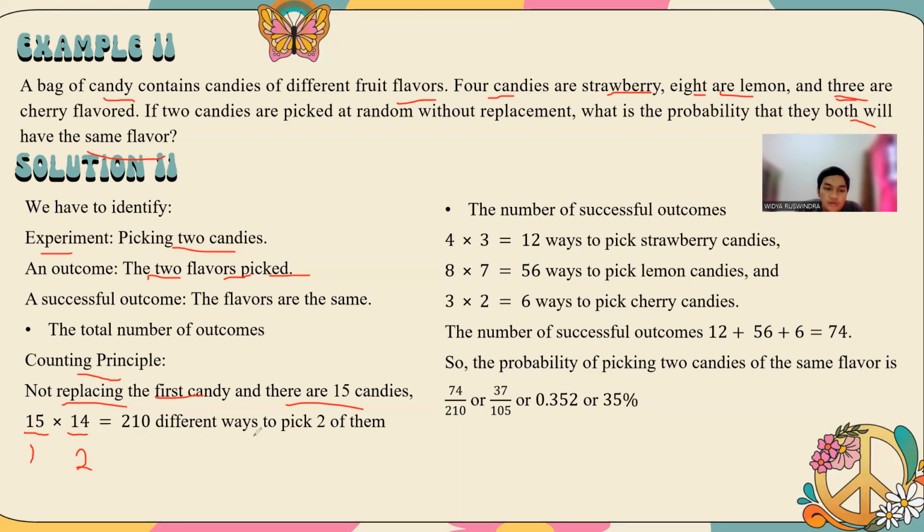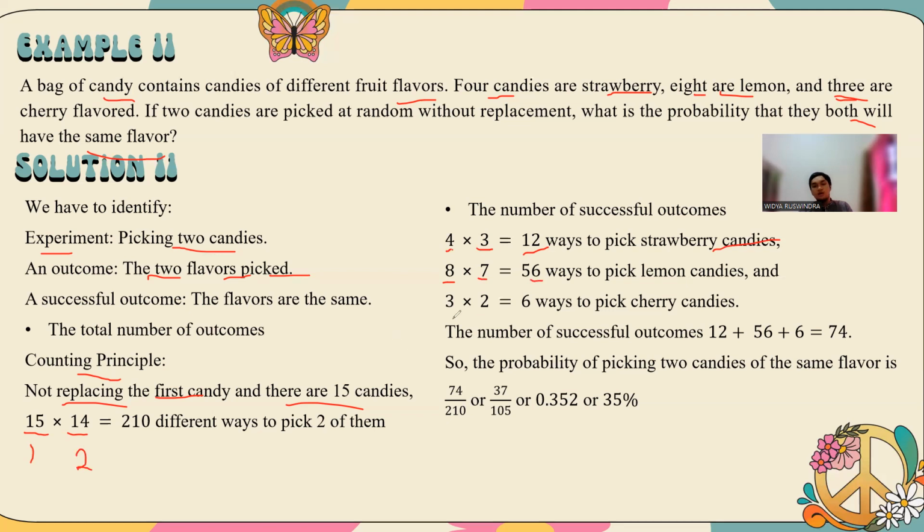And now the number of successful outcomes. For the strawberry candies, for the first we have four possibilities, and for the second we have three possibilities. So we have 12 ways to pick strawberry candies. How about the lemon candies? If we pick the lemon candies, we have 8 times 7, which is equal to 56 ways to pick lemon candies.